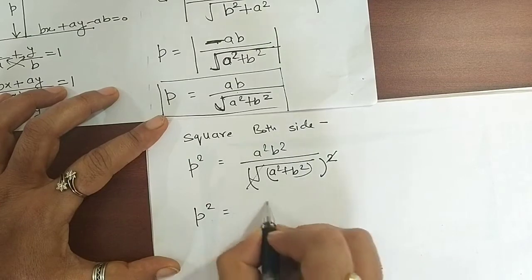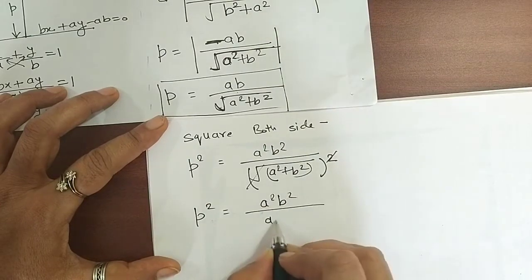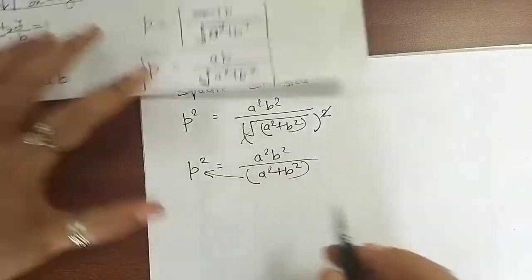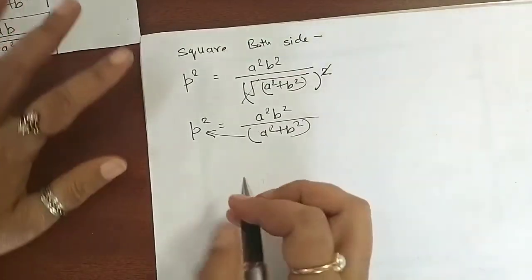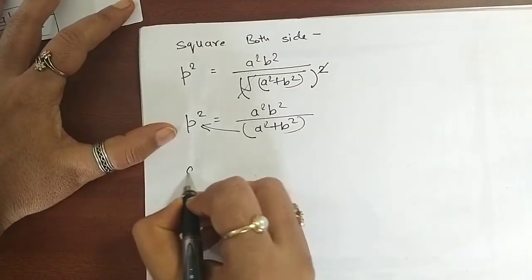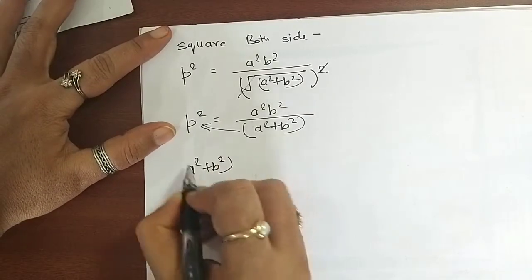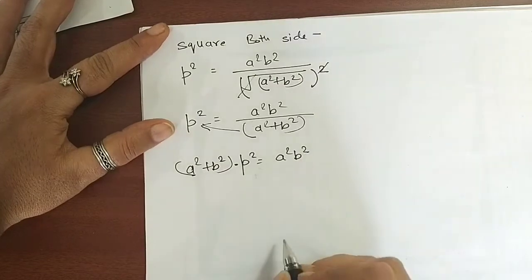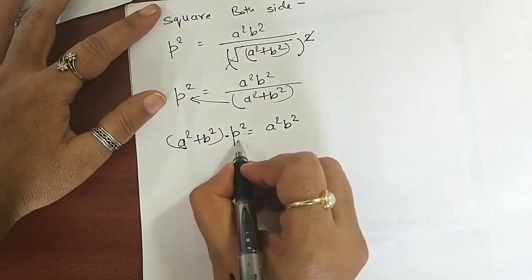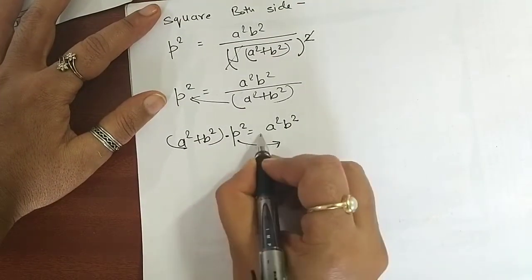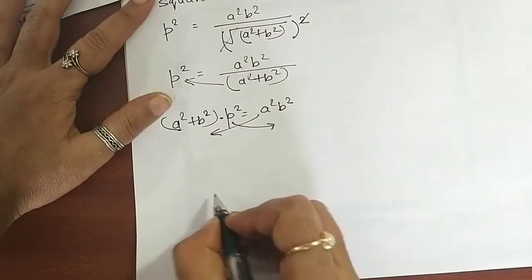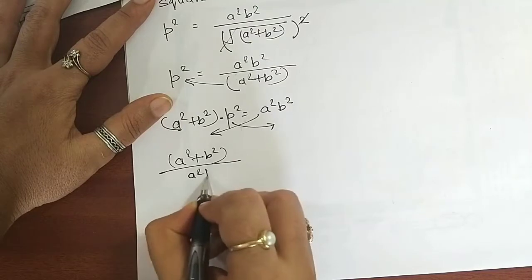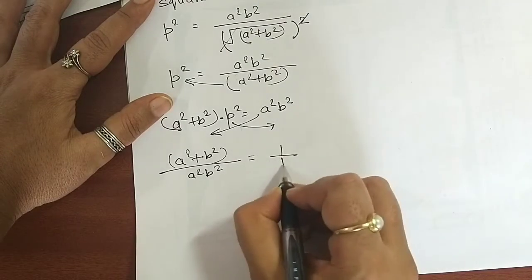So it will be P square is A square B square by A square plus B square. Now can I take it here? So this will become A square plus B square into P square is A square B square. Okay. Now P square can I take down and this will come here. Correct? So I can write A square plus B square by A square B square is 1 by P square.